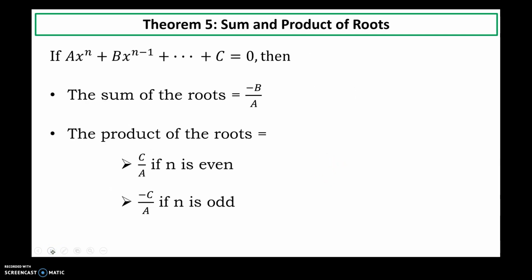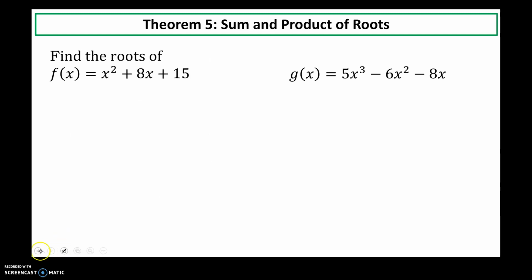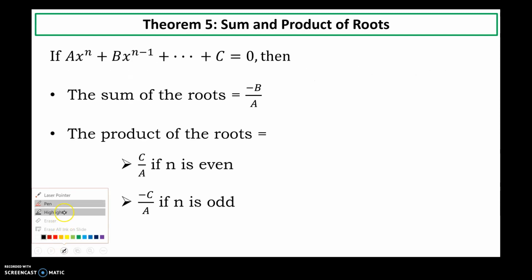Okay, sum and product of roots. If I have a polynomial of nth degree, 3 coefficients in particular are important. A is our lead coefficient. That's not new to us. C is our constant term. That's not new to us. Now we need b in here, and notice the relationship of b.